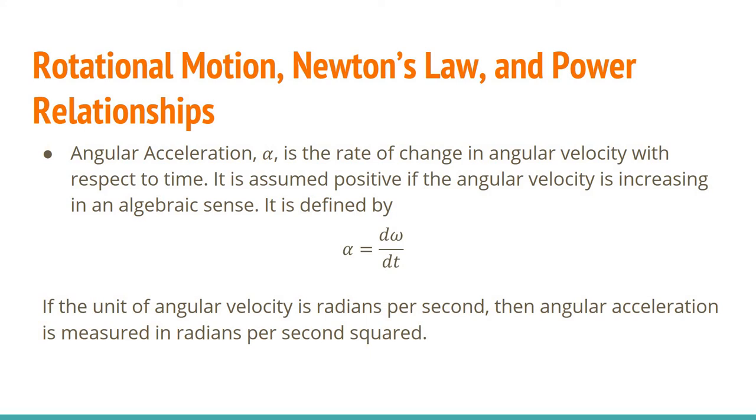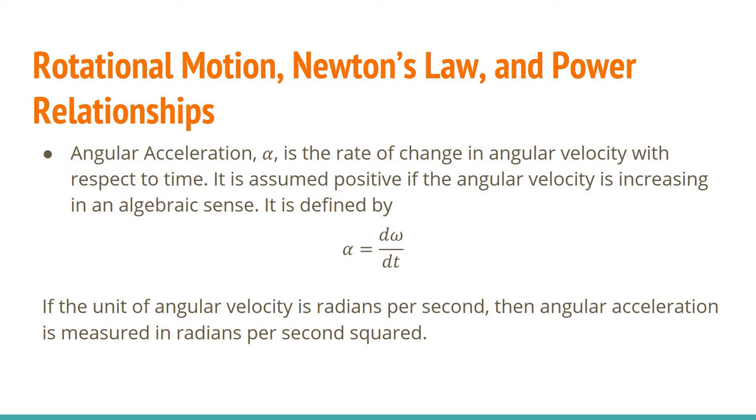It is defined by this equation for angular acceleration: angular acceleration is just equal to the derivative of angular velocity with respect to time. So angular acceleration is positive if the velocity increases over time.